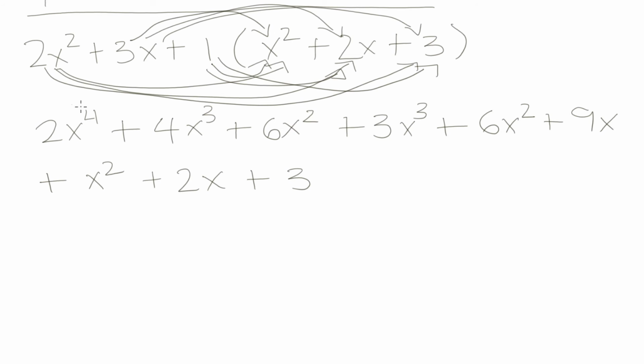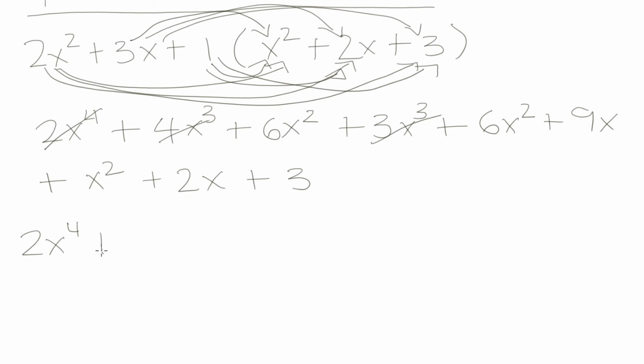Now let's see if we have any like terms that we can add together. We only have 1 x to the power of 4, so that's going to stay 2x to the power of 4. We have a 4x cubed, a 3x cubed, so we can add those together. 4 plus 3 is 7.